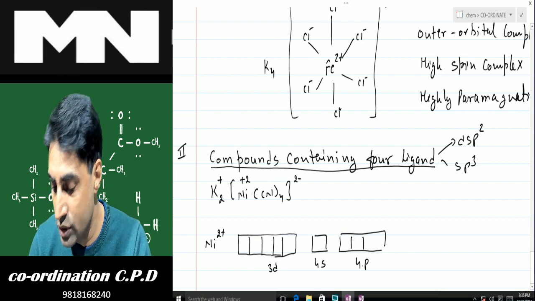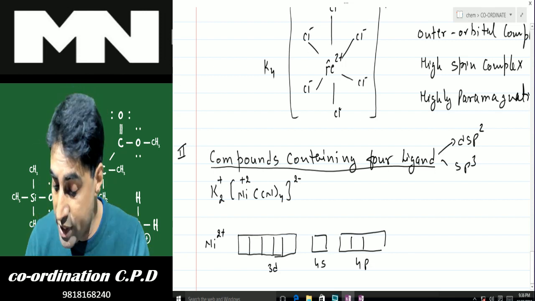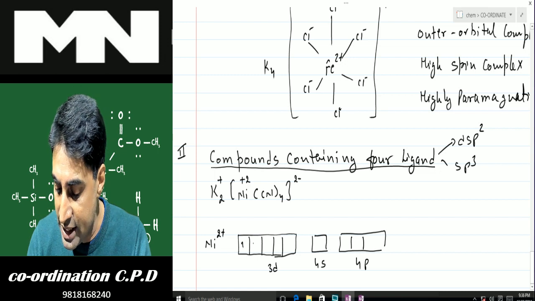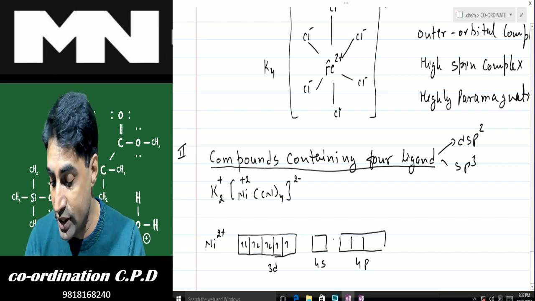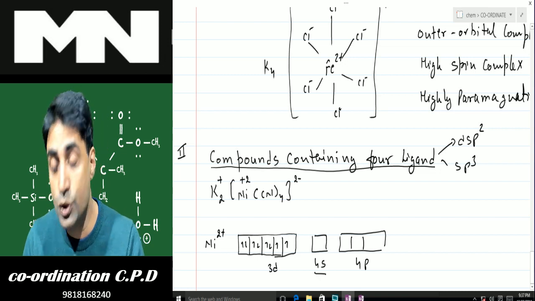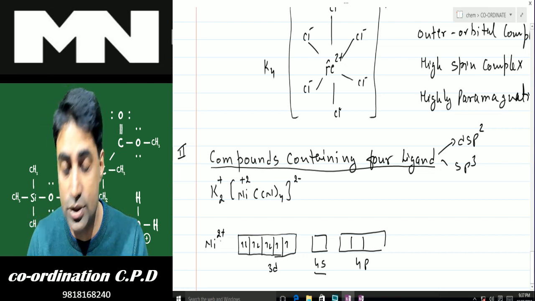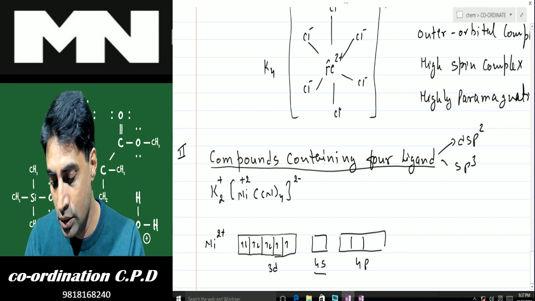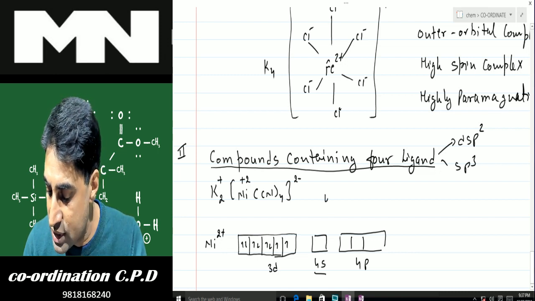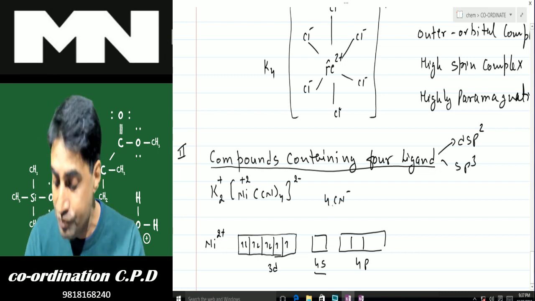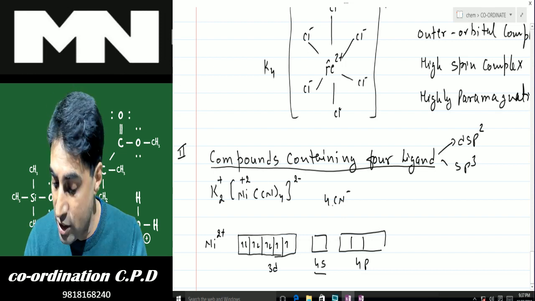The electronic configuration for nickel is scandium, titanium, vanadium, chromium, manganese, iron, cobalt, nickel, and 2 electrons in the s. But the 2 electrons which were present in the s, nickel has lost those 2 electrons, that's why its oxidation state is +2. Now suppose I've got 4 cyanide ions which are ready to donate their lone pairs of electrons.